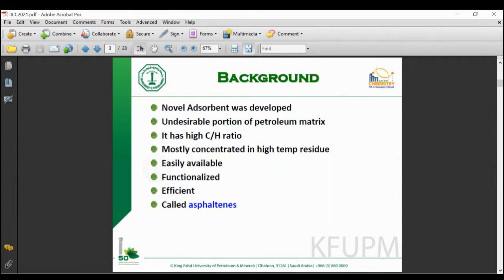It has a very high ratio of carbon to hydrogen atoms, and asphaltene is mostly concentrated in the high temperature residue. It's not available in low boiling point fuel or fractions. It is easily available, and it was functionalized and tested. We found it efficient. Its efficacy was pretty high.